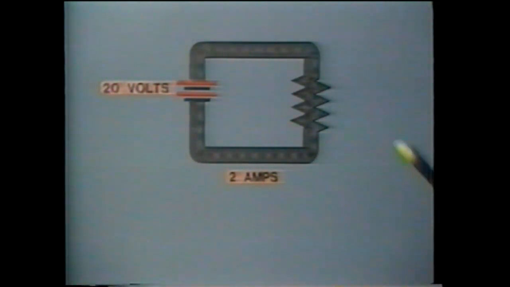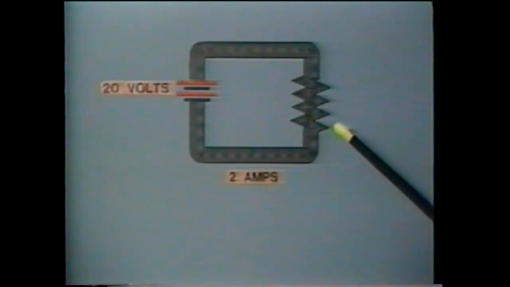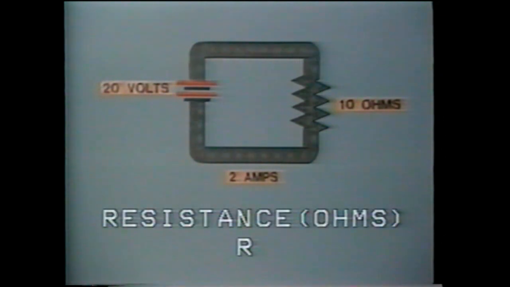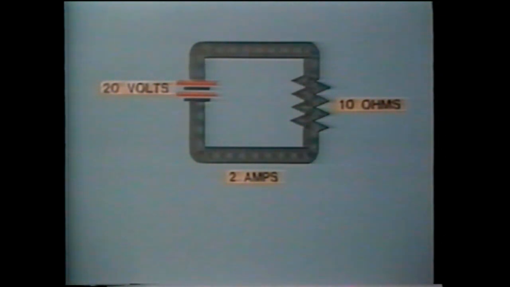The load in this circuit is, let's say, a heater, and it provides resistance to the flow of current. This resistance is measured in ohms and is symbolized by the letter R. It is twice as difficult to force electrons through a 10 ohm resistance as through a 5 ohm resistance.